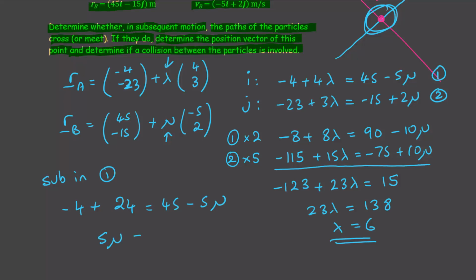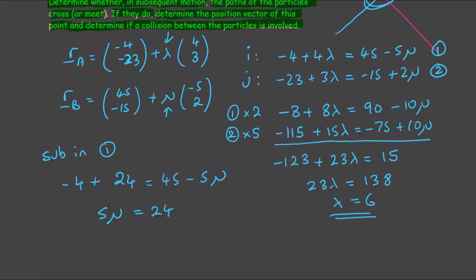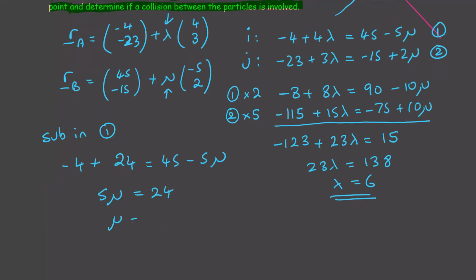That gives me 5 mu is equal to 45 take away 21, which is 24. So that gives me that mu is equal to 24 over 5.